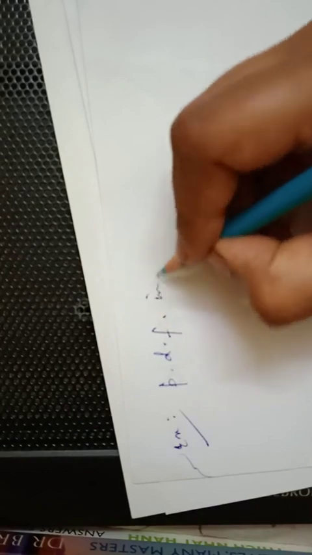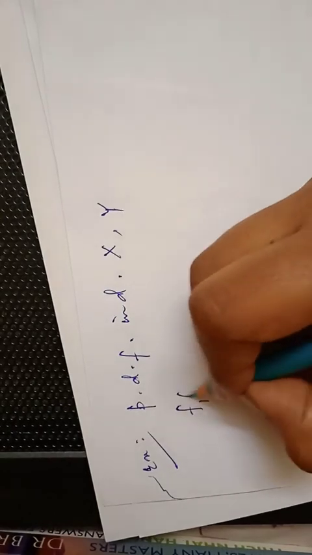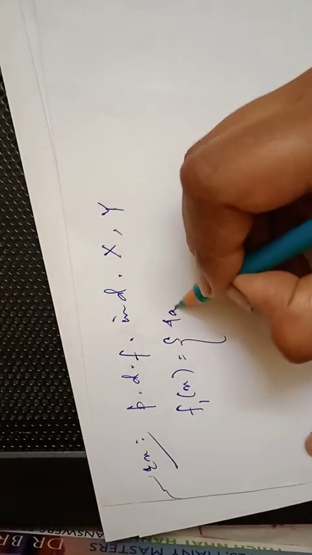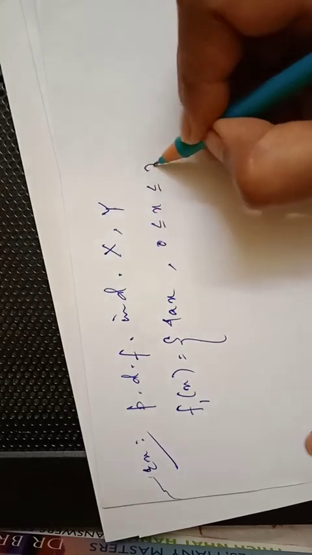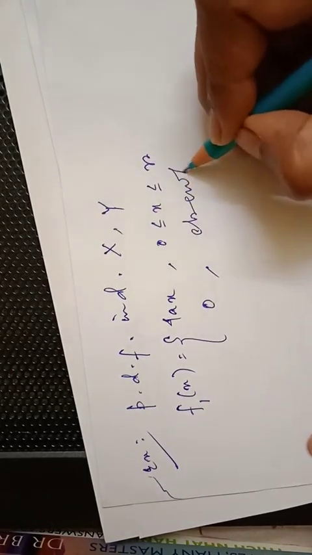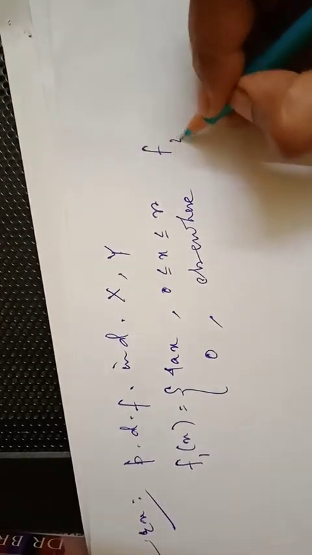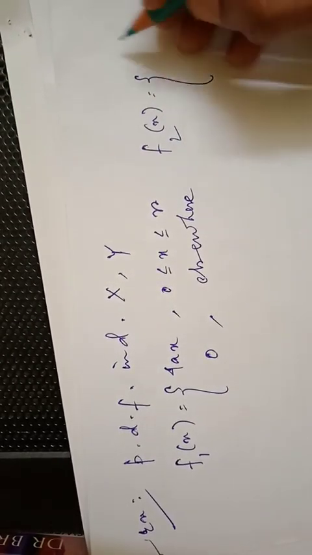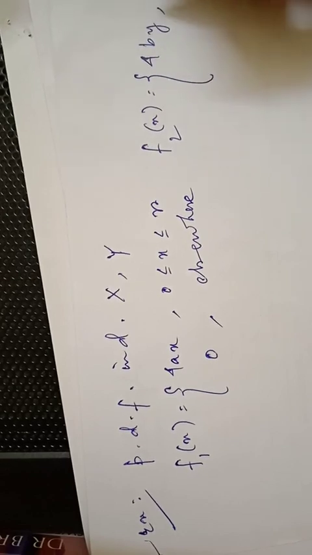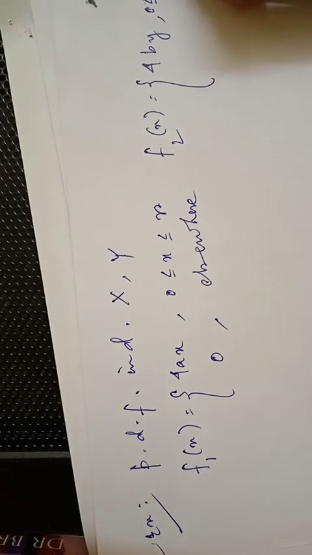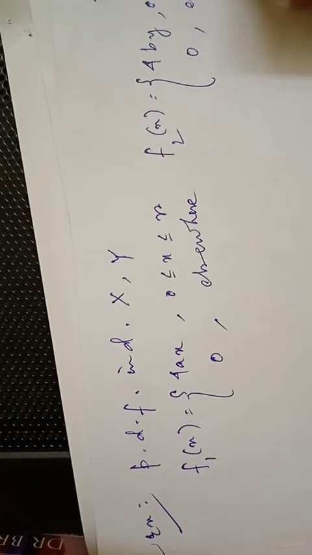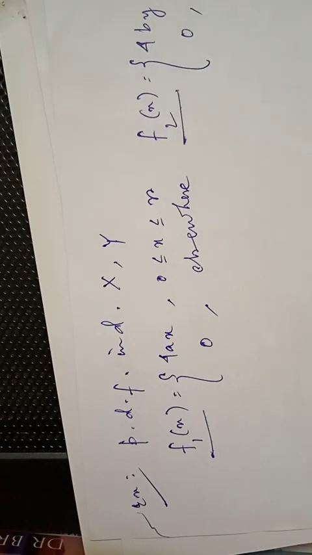the probability density function of two independent random variables x and y are given as f1(x) equals 4ax for 0 less or equal to x less or equal to r and 0 elsewhere, and f2(y) which is 4by for 0 less or equal to y less or equal to s and 0 elsewhere. f1 and f2 are two probability density functions of two single variables capital X and Y, and they are independent random variables.